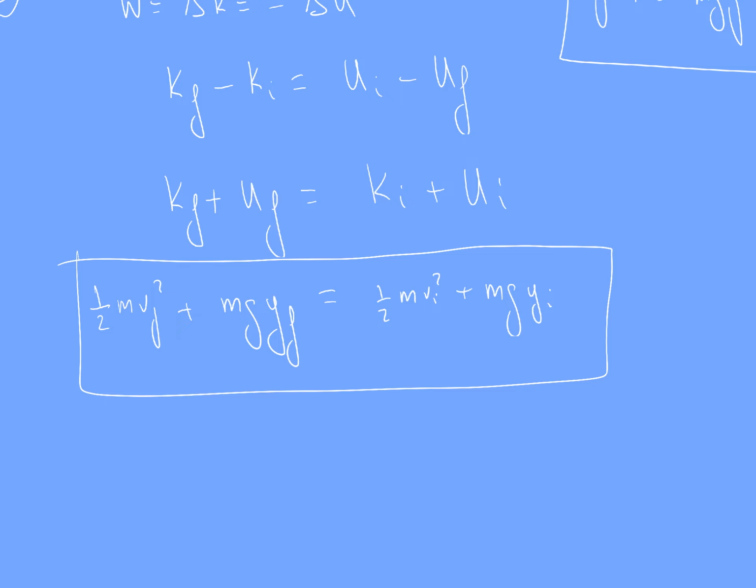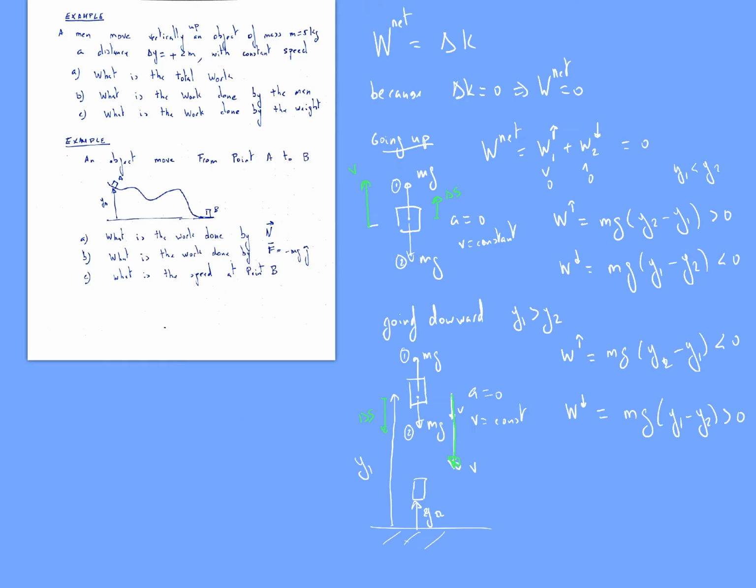And you can use it and wonder, if the initial velocity is 3 meters per second and the initial height is 10 meters, what will be the final velocity when the final position is 2 meters? You calculate. It's just plugging numbers. Questions, let me see here. Okay, let's go do more.